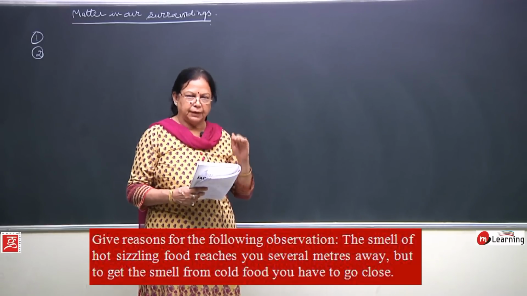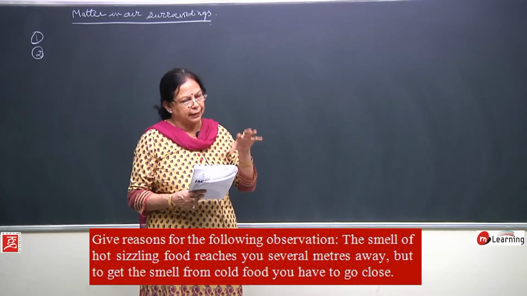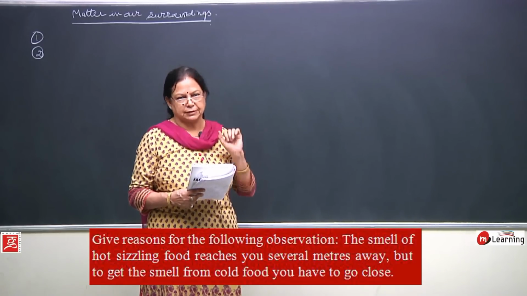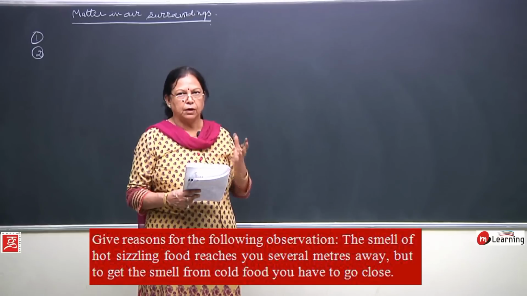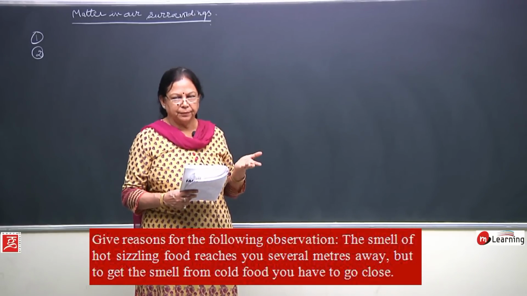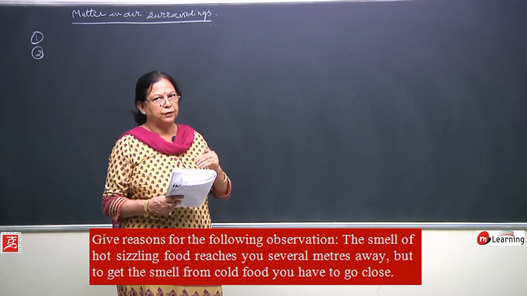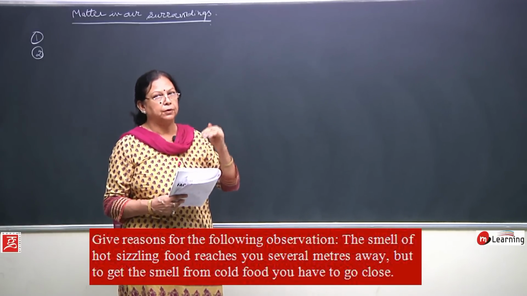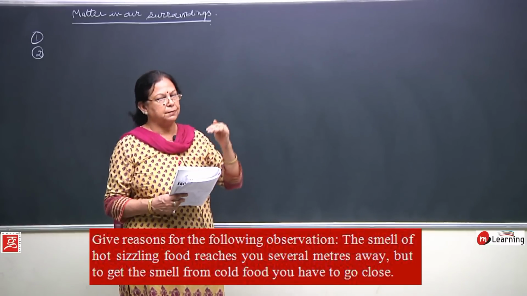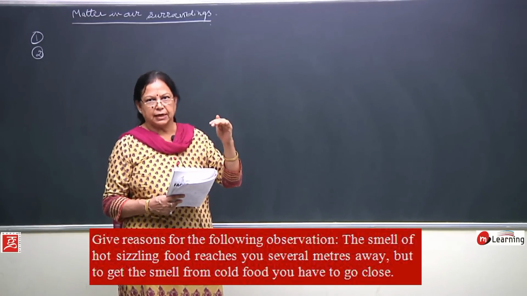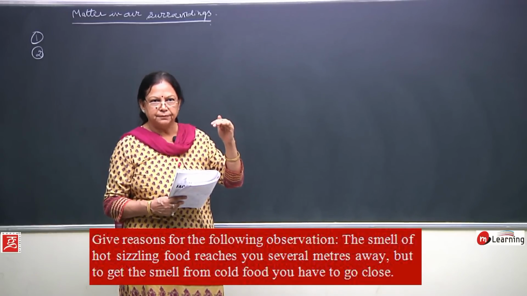But if the food is already cooked and has become cold, you cannot smell it from a distance. Why? Can you reason? Yes, come on, say that it is because while you are cooking, the temperature is higher. If the temperature is higher, then what will happen?